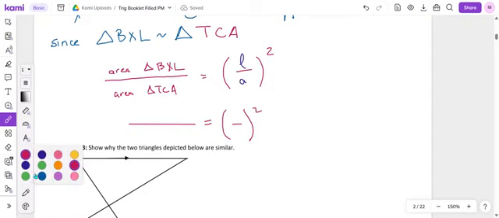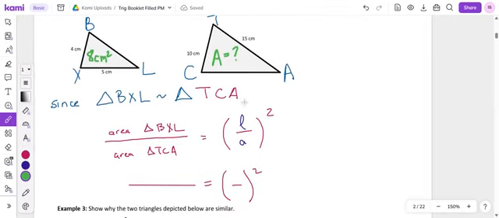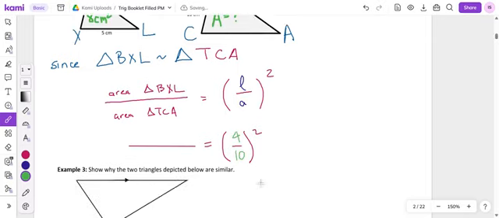Okay, what are all the numbers we know? Well, I know L is 4 centimeters. I know A is 10 centimeters. And I know that the area of BXL is 8 centimeters. And what I don't know is the area of TCA.